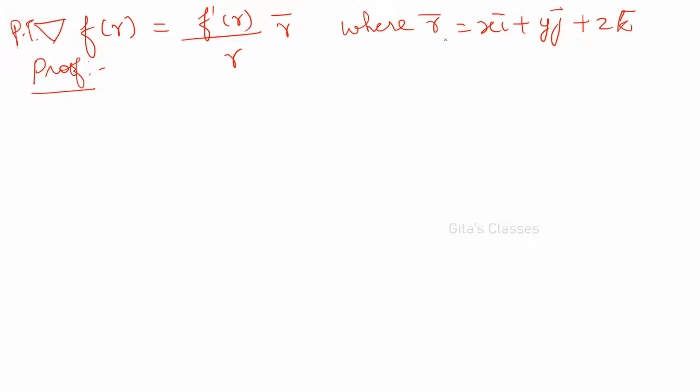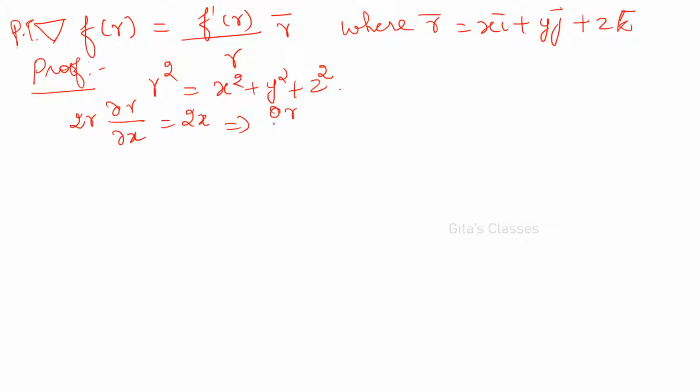R is always the position vector xi plus yj plus zk. Okay. So modulus of R is our r, right? So r squared can be written as x squared plus y squared plus z squared. These are all standard results you should know. So differentiating partially with respect to x, I'll get 2r into dou r by dou x is equal to, on the right hand side, 2x.